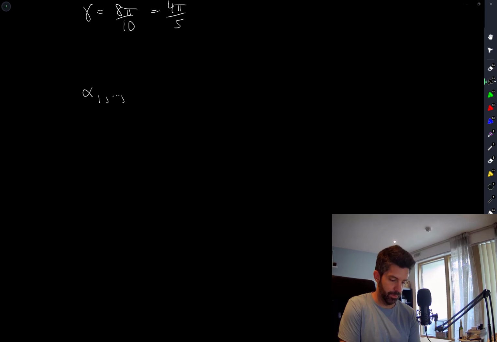Alpha 1 up to alpha 4, let's call this pi over 2 minus epsilon. So then the sum of those 4 alpha i is going to be 2 pi minus 4 epsilon.